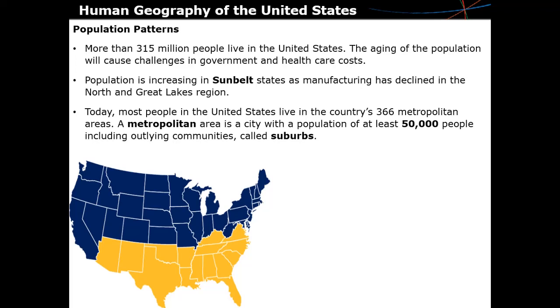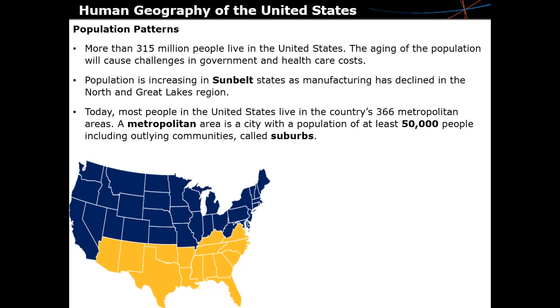So we start off with population patterns. At the time of this PowerPoint, there was a little more than 315 million people living in the United States. And when you look at the population pyramid for the United States, there's a large group that is actually towards the top of it. And so we have an aging population. We'll get more into that in about a week and a half.